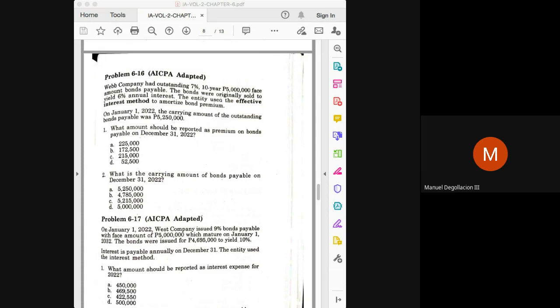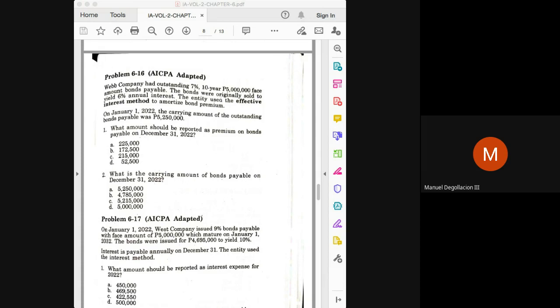That means there is a difference of 35,000, and the 35,000 would be the amortization on the premium. The explanation as to the reason why the interest expense is only 315,000 is because there is an amortization of 35,000. But again, very straightforward.